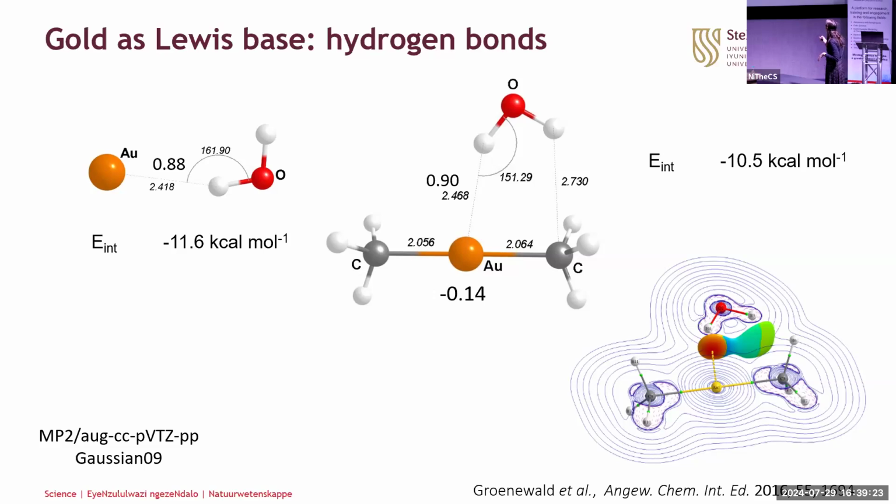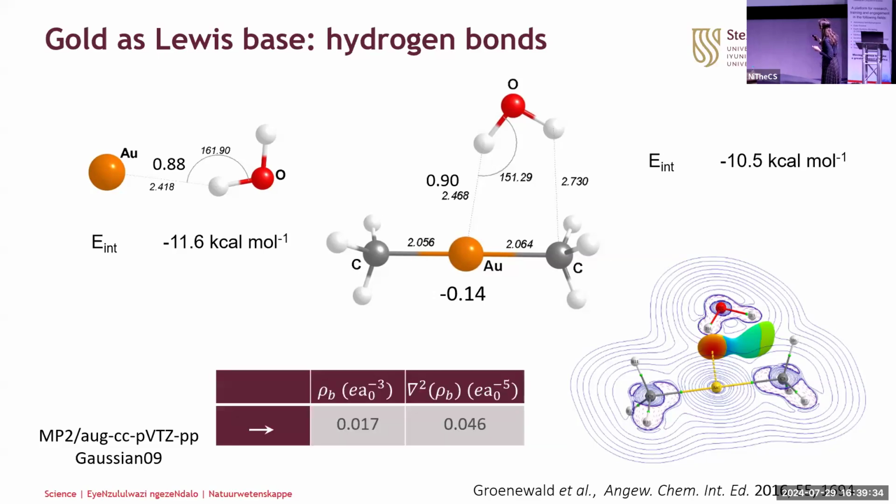And if we look at the properties of a point in the middle here, which is called a bond critical point, that tells us about the nature of that interaction. So if we look at that point, we can look at the electron density at a point here in the middle.